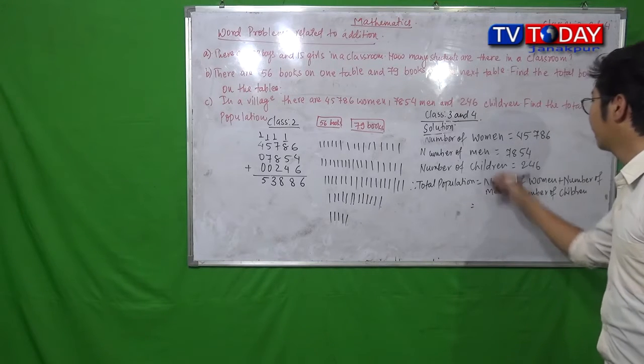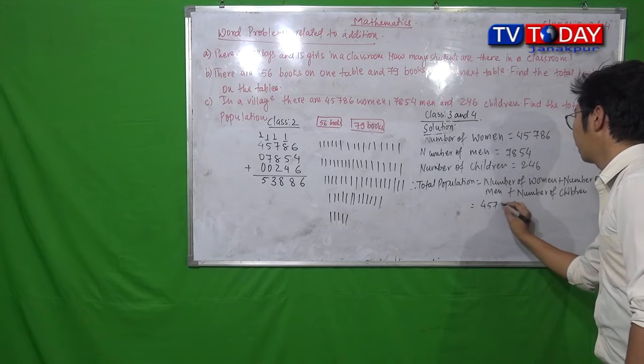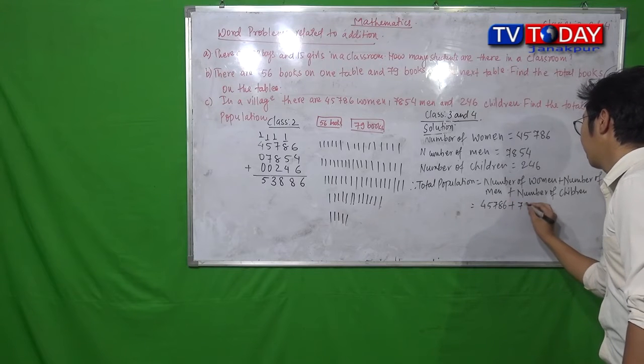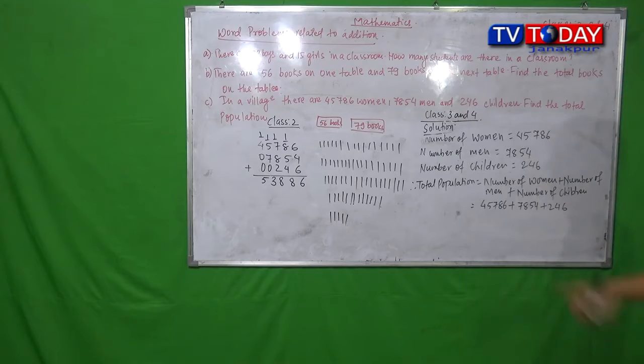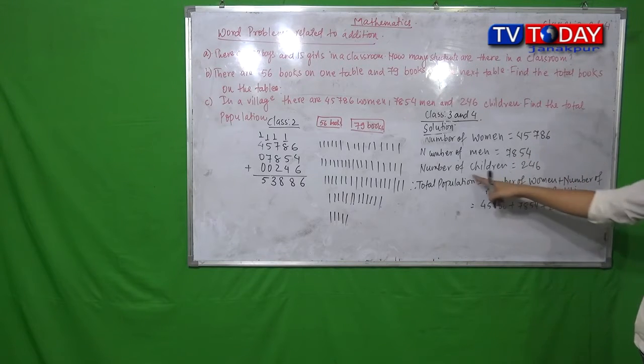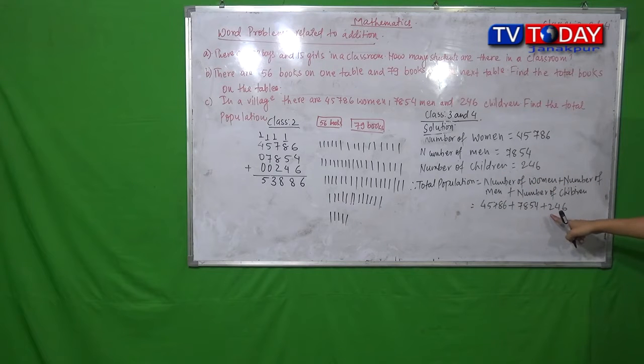So what will you write here? 45,786 plus 7,854 plus 246, because the number of women is 45,786, plus the number of men is 7,854, plus the number of children is 246.